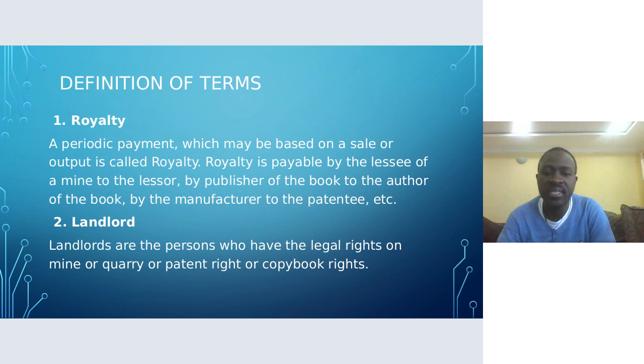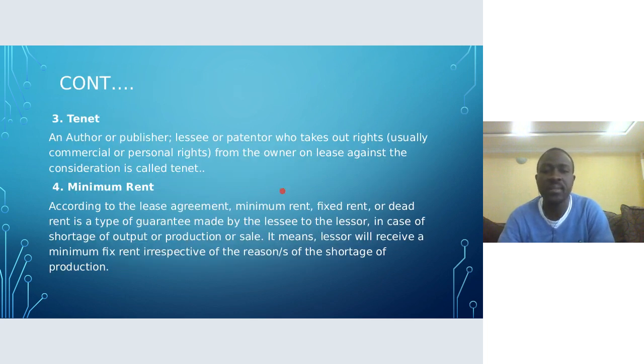Our next term is tenant. Tenant, this is an author or a publisher who takes out rights. These rights may be commercial or personal rights from the owner on the lease against the consignor. So that is the tenant.